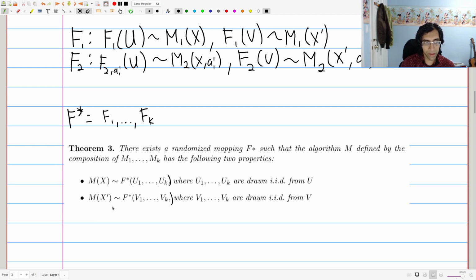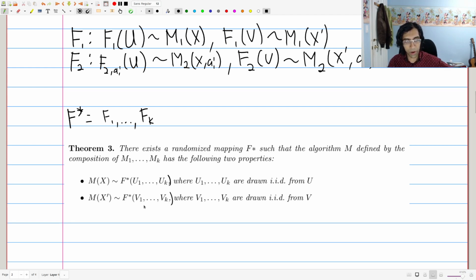On the other hand, it'll be the same sampling process for M on x prime on the neighboring data set, if we feed v1 through vk into the same function f star. So essentially, we've reduced it from the general M to the case where we're looking at either some function applied to a bunch of samples from u, or the same function applied to a bunch of samples from v.